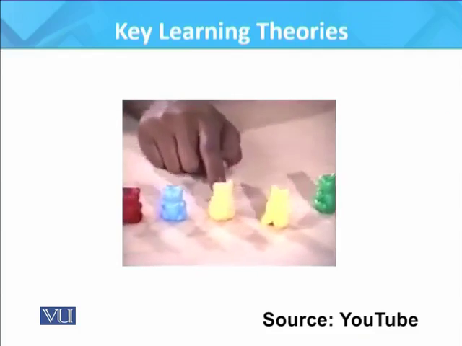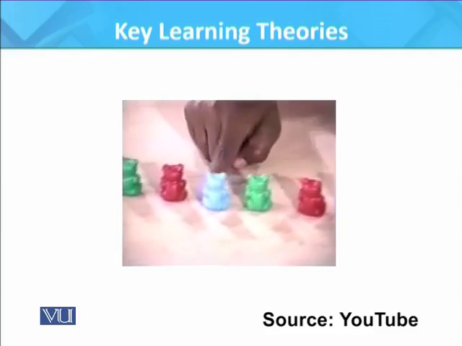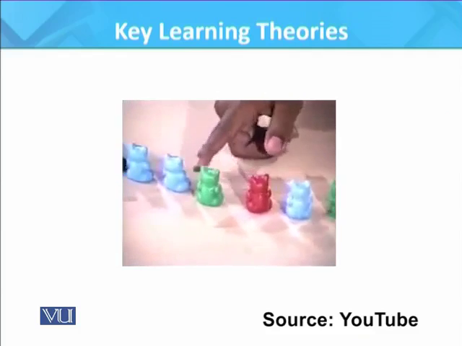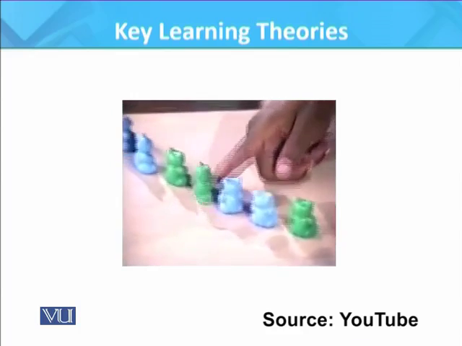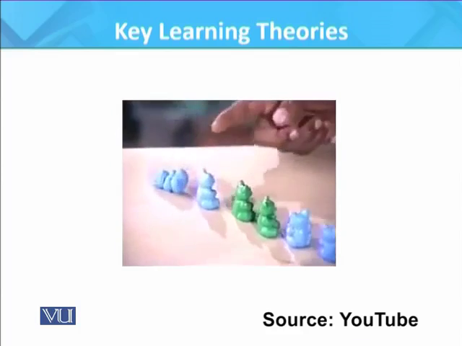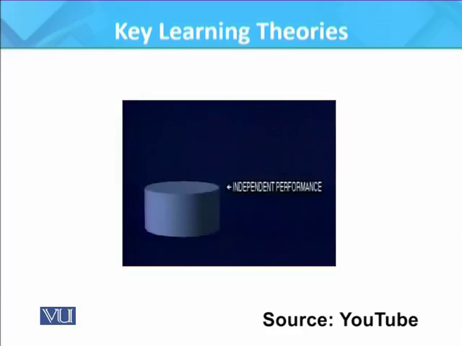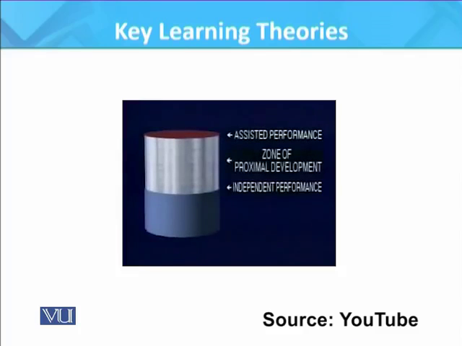But when the teacher structures the activity differently, the same child can perform at a higher level, counting meaningfully to 17 without missing any bears. 15, 16, 17. Great job, Quentin. The area between the level of independent performance and the level of assisted performance is the zone of proximal development. It is here where the teacher must focus attention.